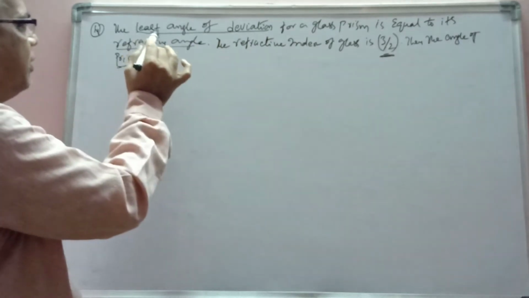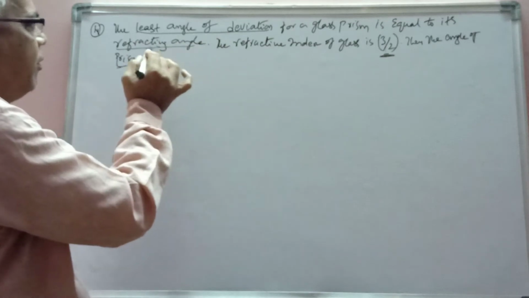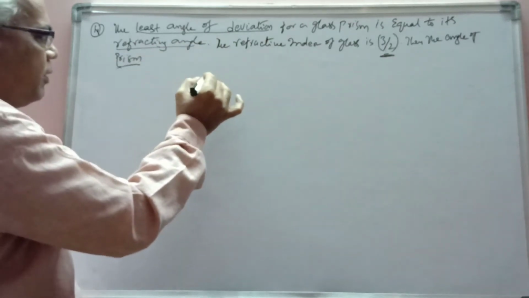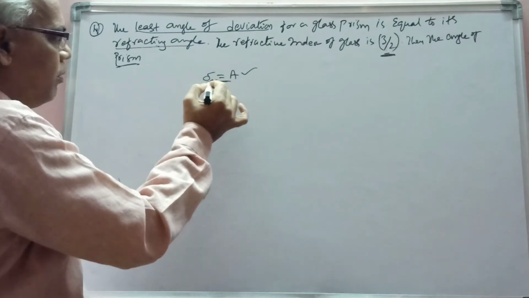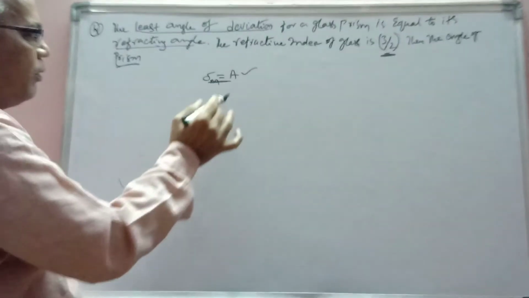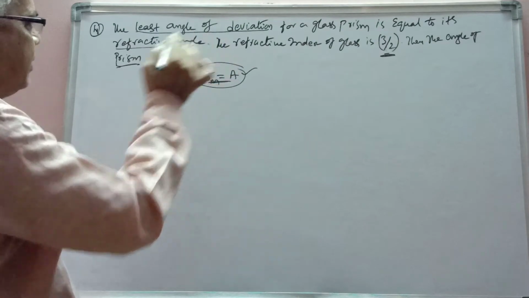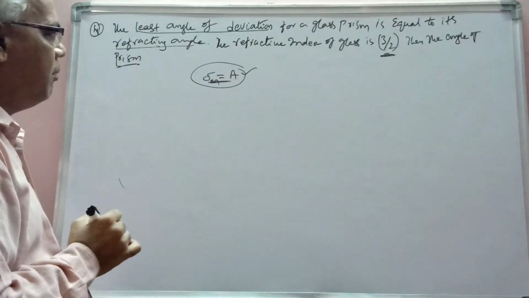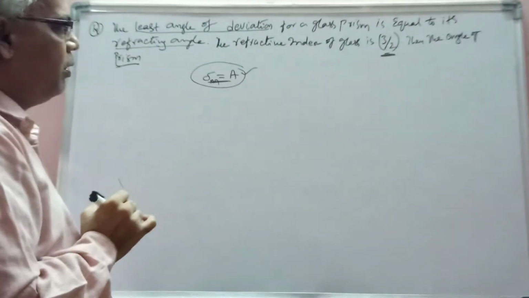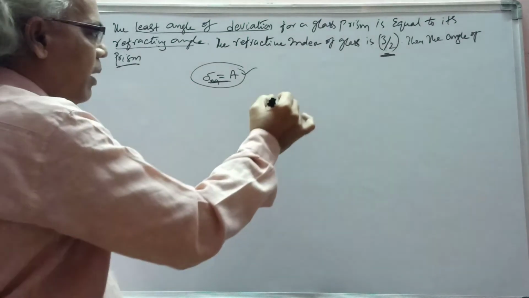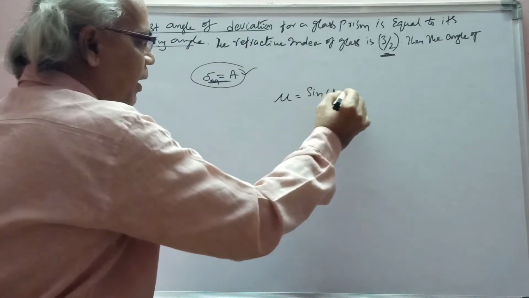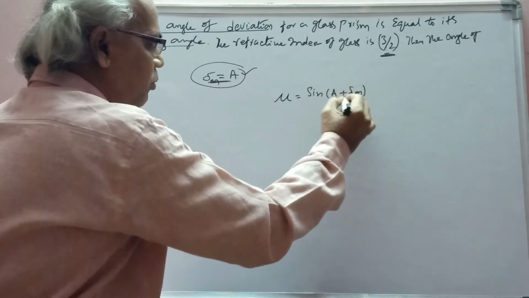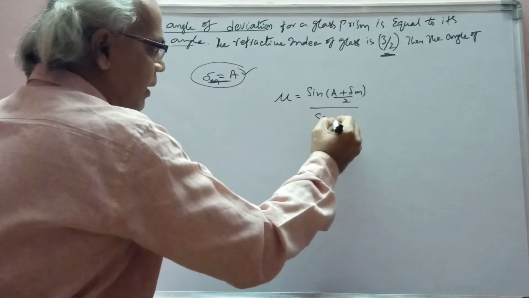So the least angle of deviation is equal to the refracting angle, which means δm is equal to A. The angle of minimum deviation is equal to A. So the formula is that mu is equal to sin of (A plus δm) by 2 divided by sin A by 2.